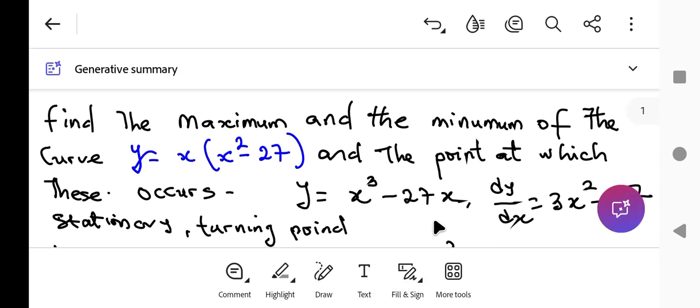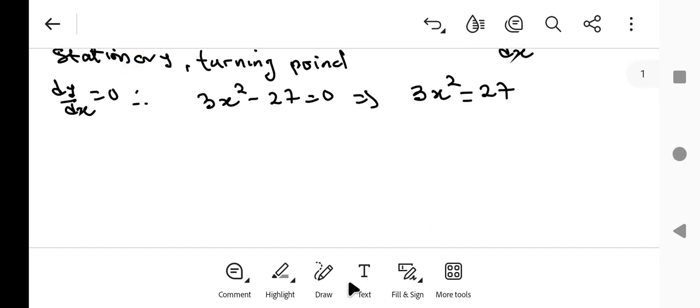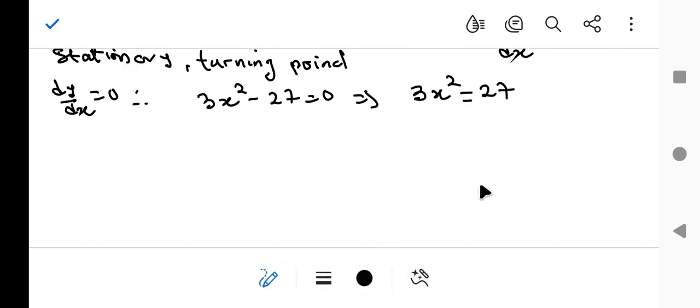Now this is great, right? So what we have now is that we can divide both sides by 3, and we are going to get x squared is equal to 27 divided by 3.